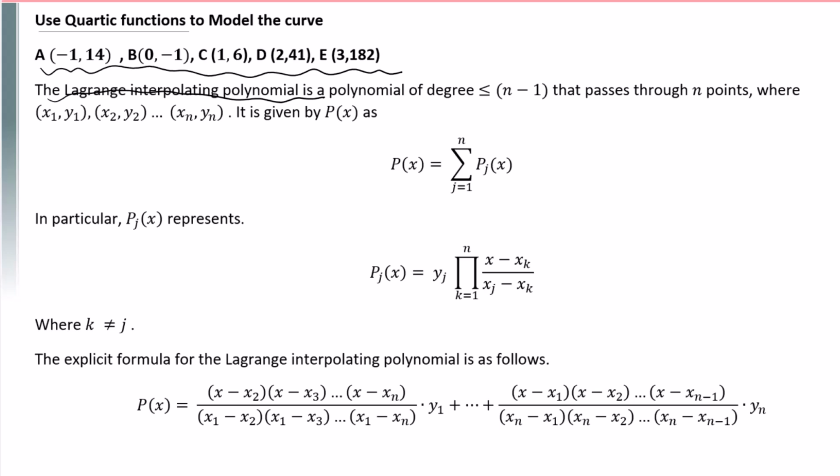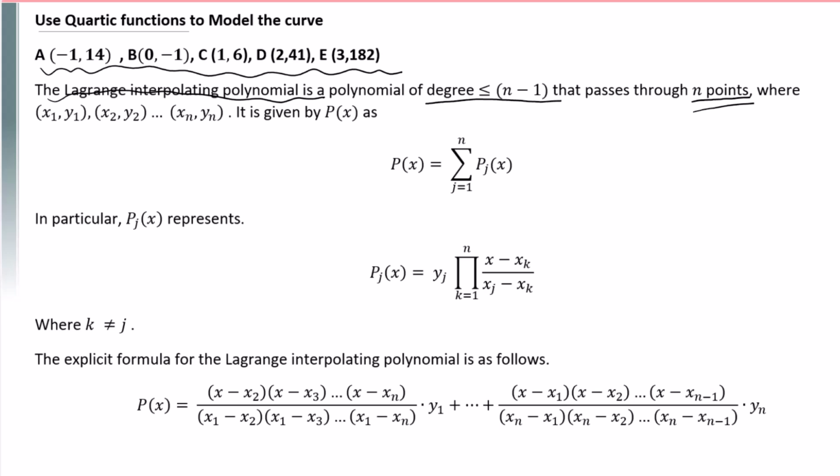The Lagrange interpolating polynomial is a polynomial of a degree less than or equal to n minus 1 that passes through n points, where x1, y1, x2, y2 until x sub n, y sub n.